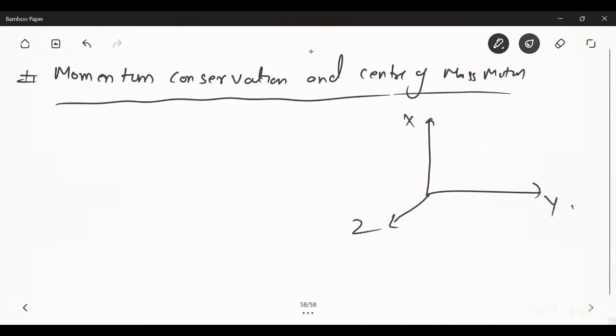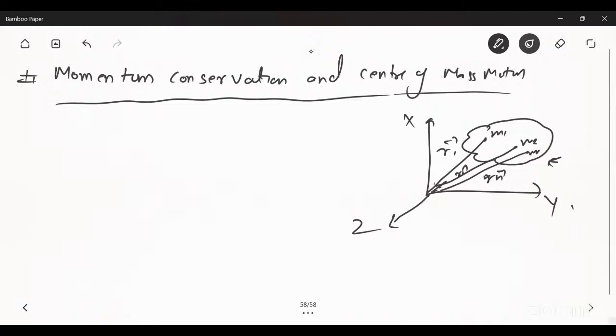Suppose we have particles m1 at r1 vector, m2 at r2 vector, up to mn at rn vector. And if we apply a total force, it will be F total.